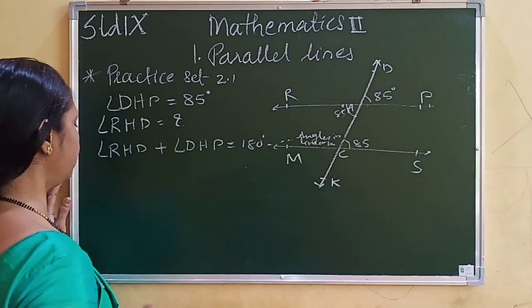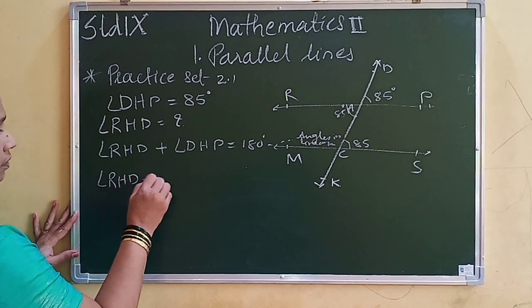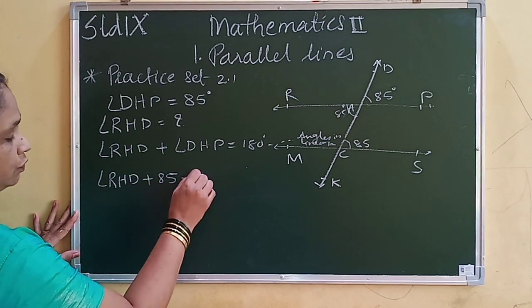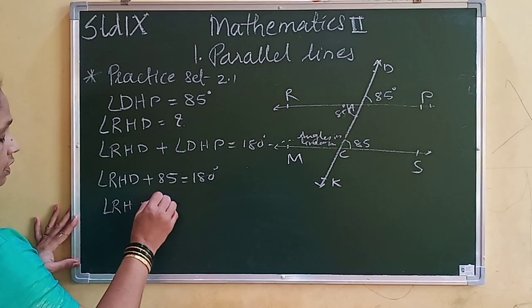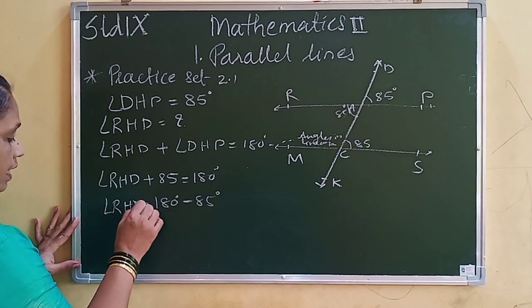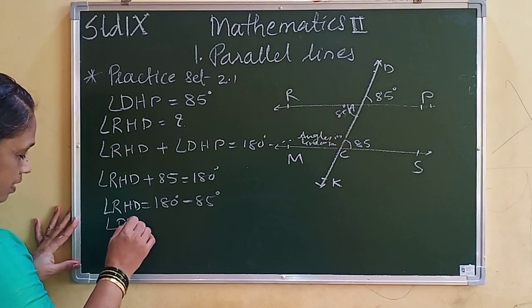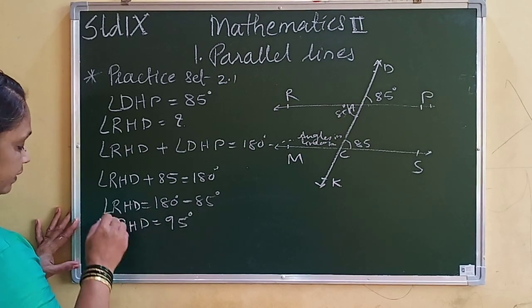Okay. Now this RHD will keep it as it is. RHD plus 85 is equal to 180 degree. So angle RHD is equal to 180 minus 85 degree. So angle RHD is equal to 95 degree.